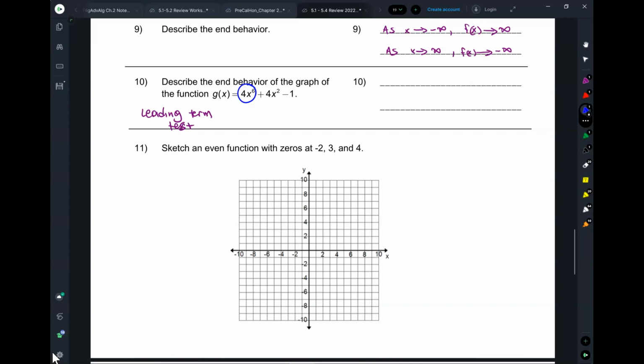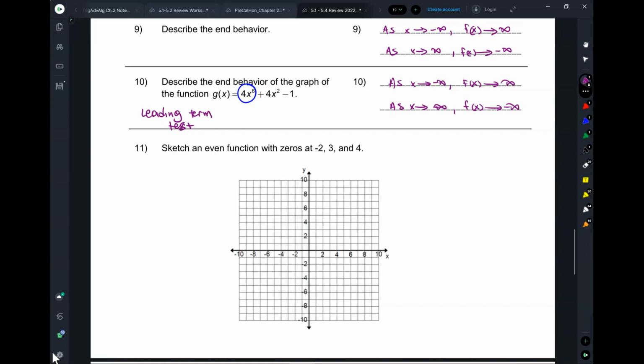They're both going to be the same, and will they be going to positive or negative infinity? Both positive infinity. Good. So as x approaches negative infinity, f of x approaches infinity. Okay. We're good?